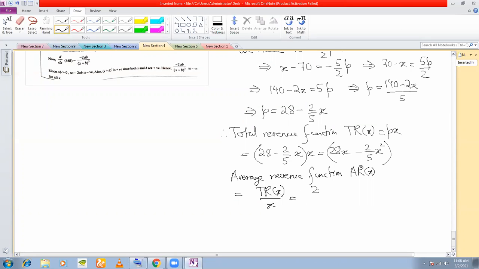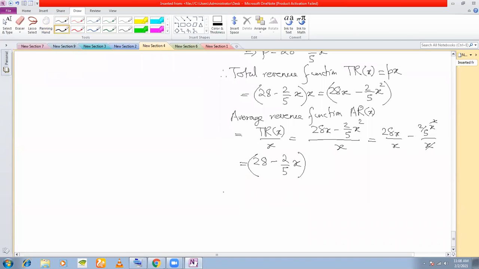TR is 28x minus 2 by 5 x square, whole divided by x. So if you separate, 28x by x minus 2 by 5 x square divided by x, which is 28 minus, this x cancels. So you simply get 28 minus 2 by 5 x. Clear? Average revenue. And finally, you have marginal revenue.